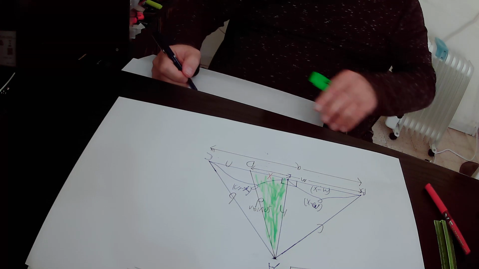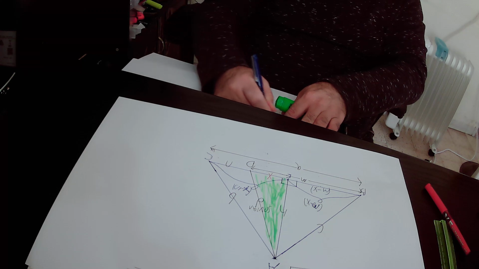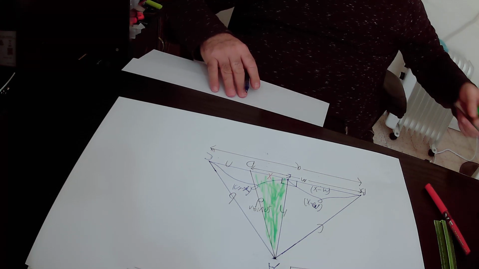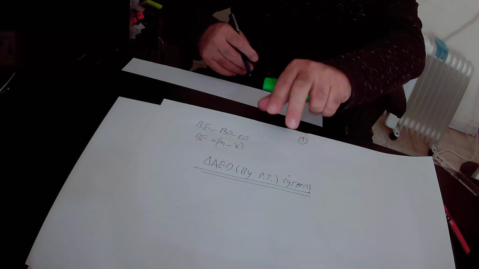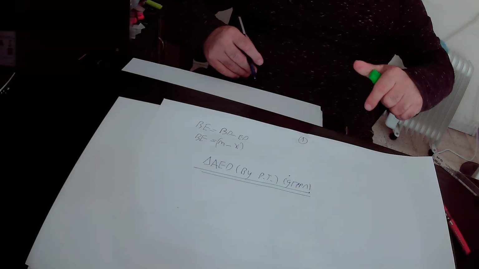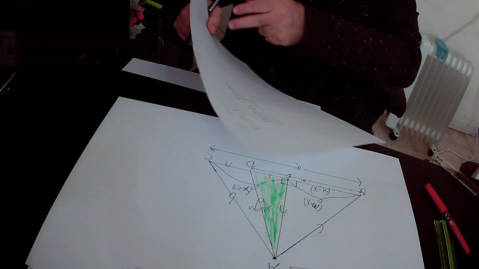According to Pythagoras theorem, in any right triangle, the square of the hypotenuse equals the sum of the squares of the perpendiculars.